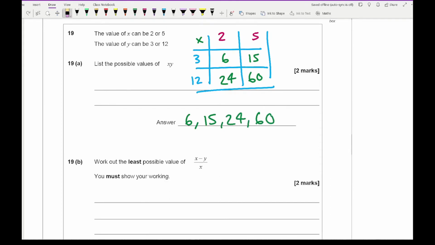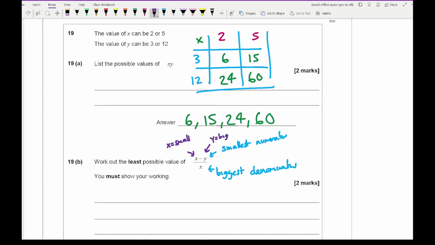Now looking at question 19b, it says work out the least possible value of x minus y divided by x. Now as we've got a fraction, to get the smallest fraction I want the smallest numerator and I want the biggest denominator. To get the smallest numerator, I need x to be as small as possible and y to be big.